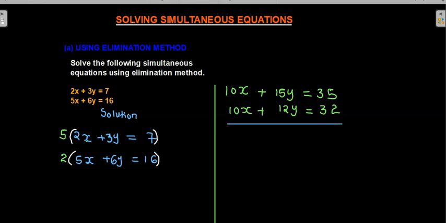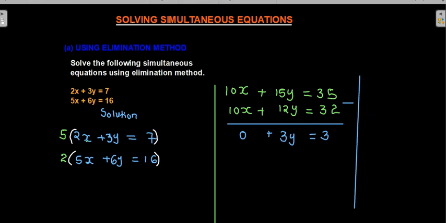I want us to subtract these two equations. 10x minus 10x will be 0, plus 15y minus 12y will be 3y, equal to 35 minus 32, which gives us 3.